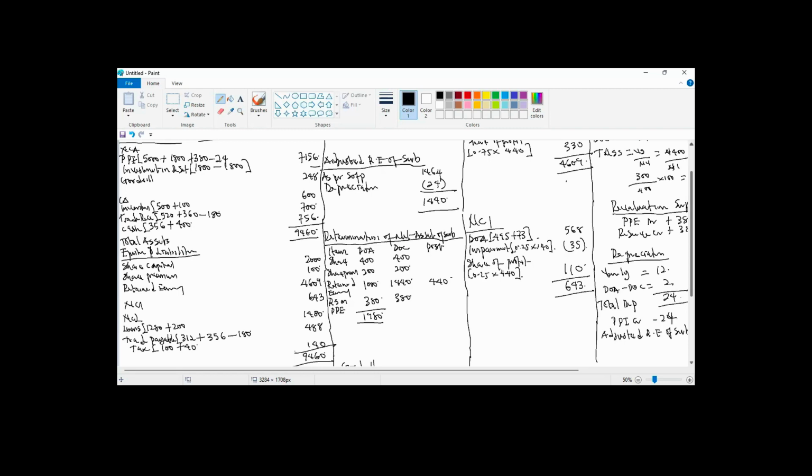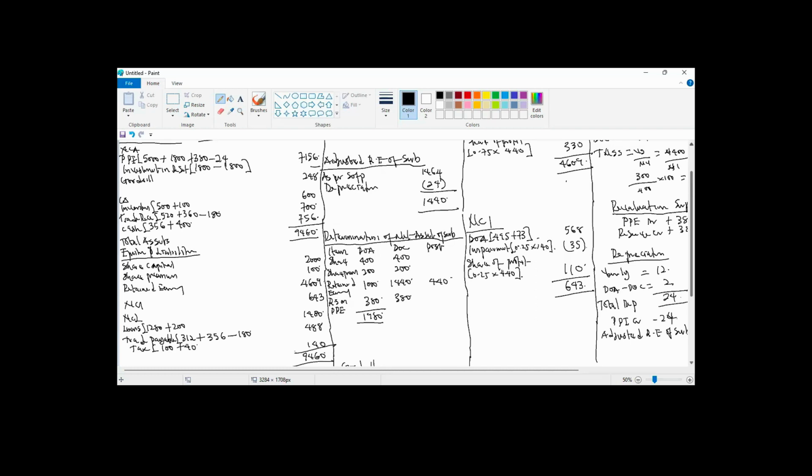Two, they can give me the fair value of NCI directly. As a third one, they can give me the fair value of the whole subsidiary, which I will multiply by the NCI percentage. Then lastly, they can give us goodwill attributed to NCI, like this question.